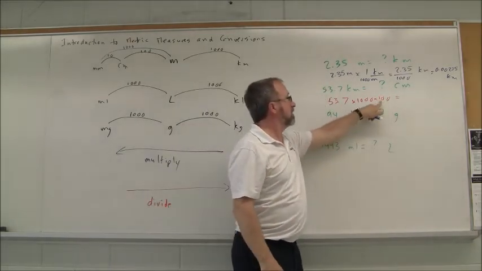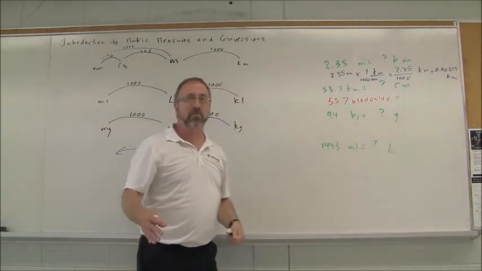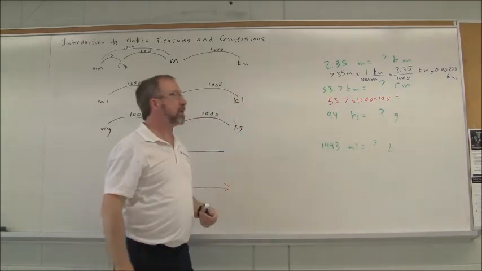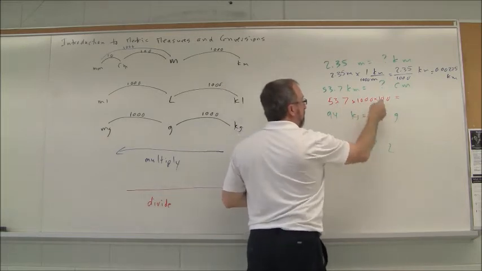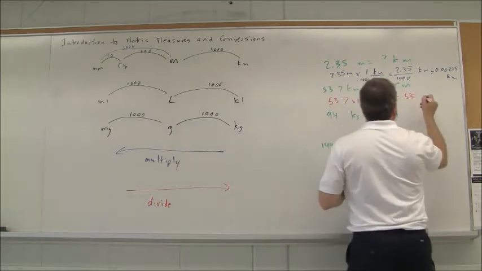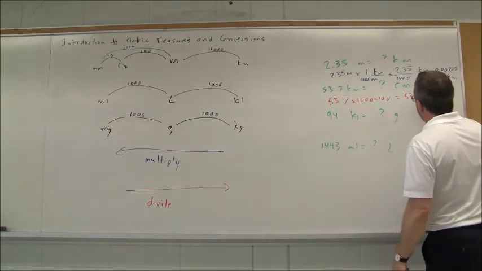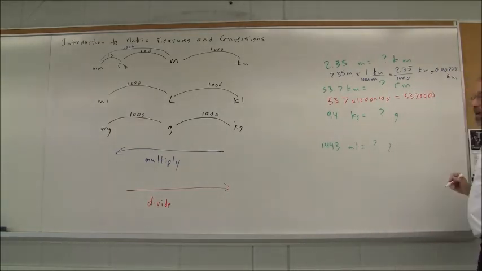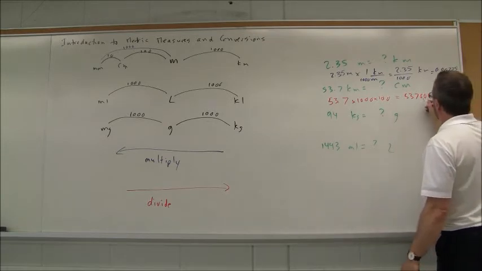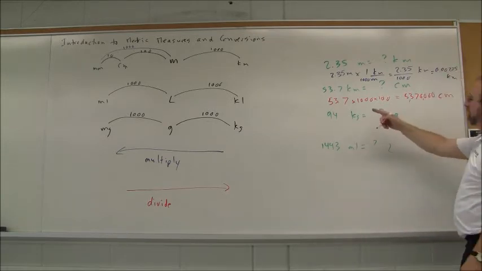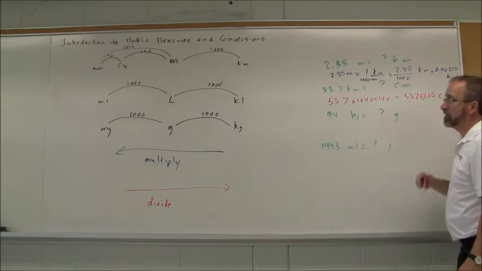I count the zeros. 1, 2, 3, 4, 5 zeros, and I'm multiplying, which means I'm going to make the number bigger. So I'm going to move the decimal 1, 2, 3, 4, 5 places. And the units are centimeters. So 53.7 kilometers is 5,370,000 centimeters.